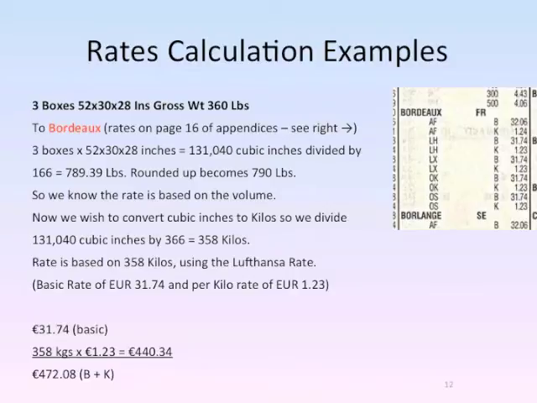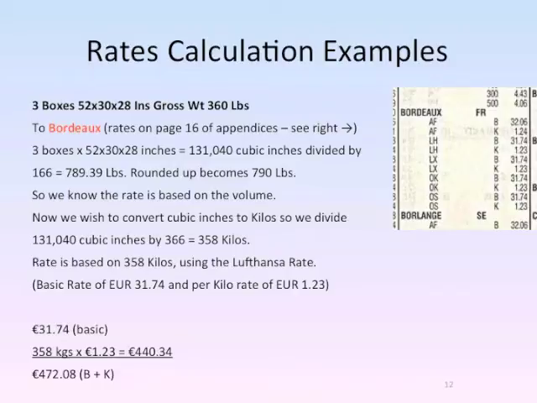So we multiply out the 3 boxes by 52 by 30 by 28 inches and we get 131,040 cubic inches divided by 166. This is the conversion factor of cubic inches to pounds, and we get 789.39 pounds. Rounded up to the next full pound, this becomes 790 pounds.